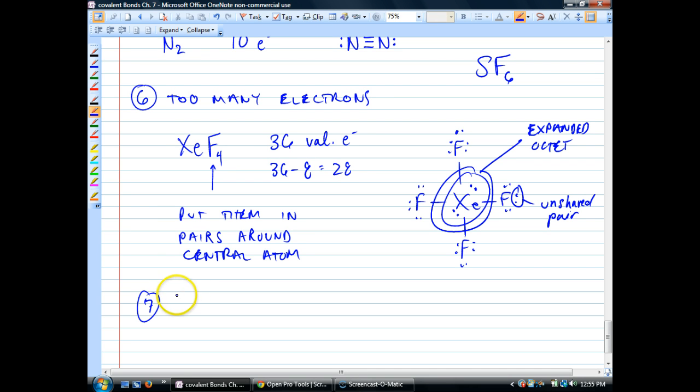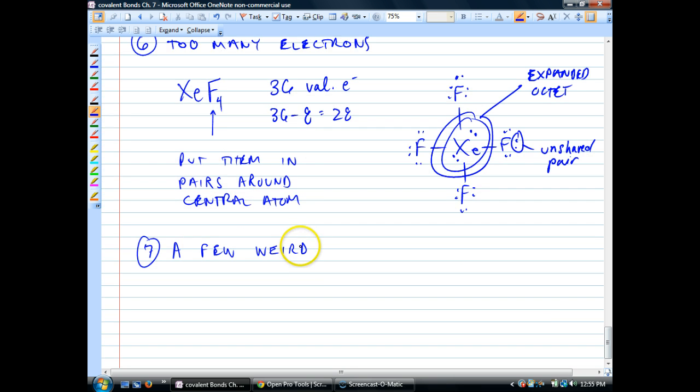Number 7. A few weird exceptions. I always misspell weird, sorry. A few weird exceptions, or a couple to be exact. Beryllium difluoride, which I wouldn't even think would be a molecule.